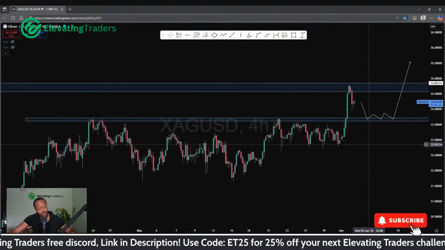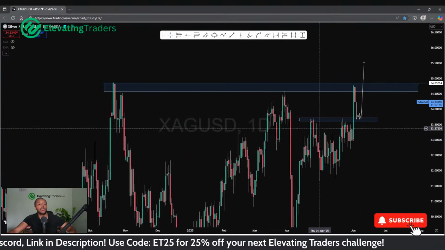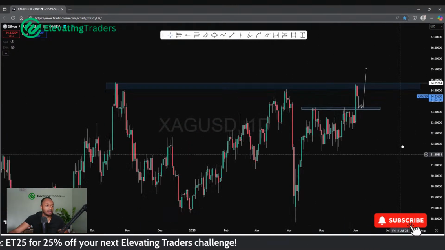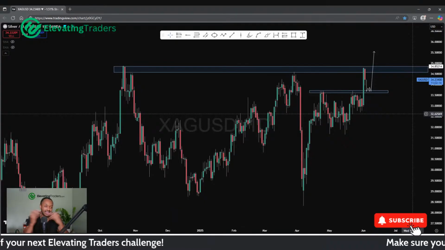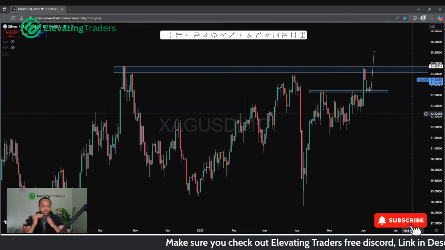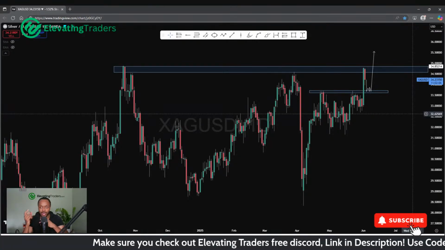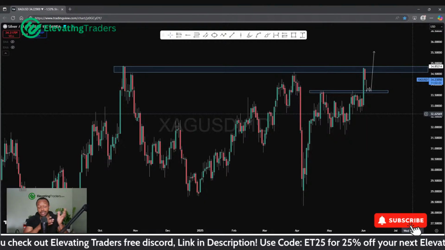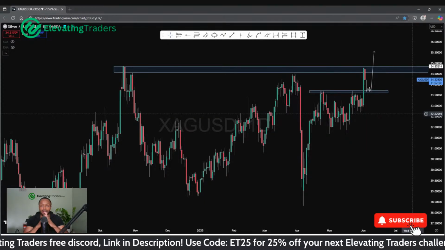But yeah, silver, bit of a rejection at 34.567-ish in that area. We've seen some rejection, but again, the overall direction for silver for me is still very, very bullish. So despite the bearish reaction we've seen this morning, I think silver is still likely to continue there.